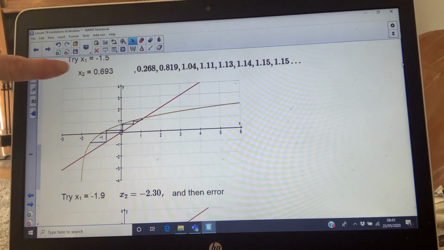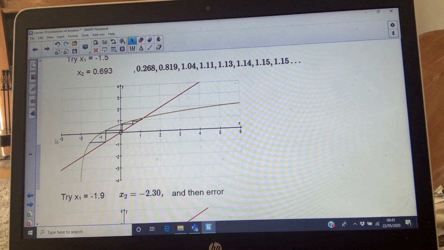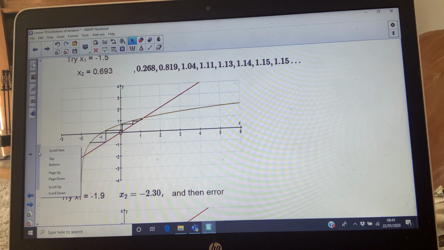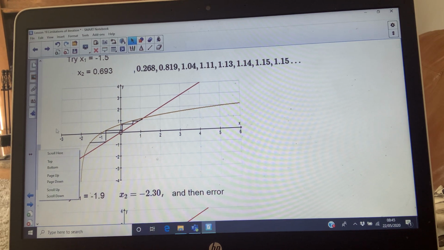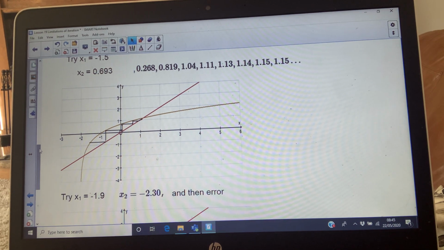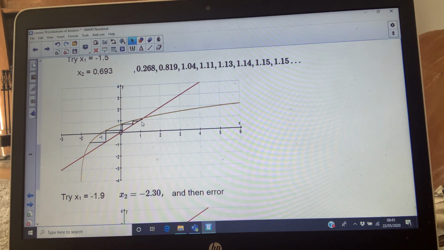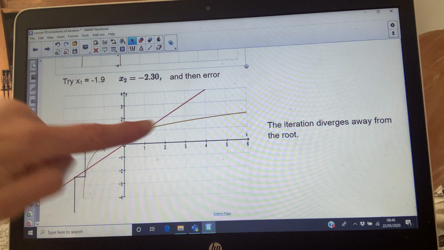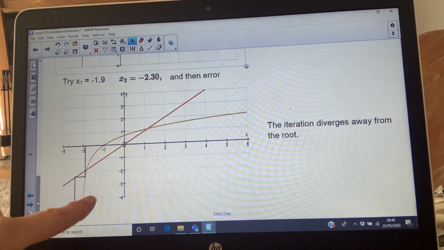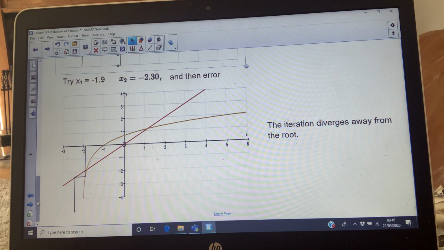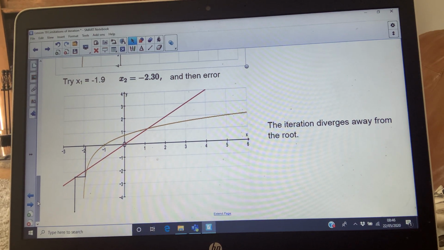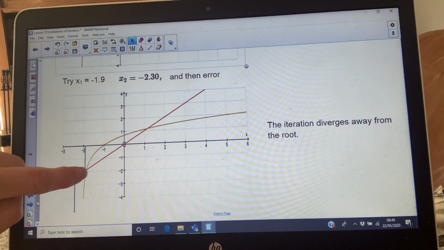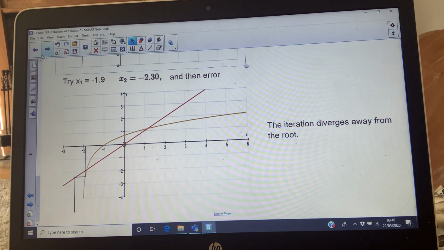You can see from your iteration that when you try minus 1.5 on your calculator, it will zoom back up to this root here. And when you try the other side of that root, it goes off into the abyss because of the nature of your log graph here. So even with this rearrangement, you can't get both solutions. You can't get your iteration to ever work to this solution here.